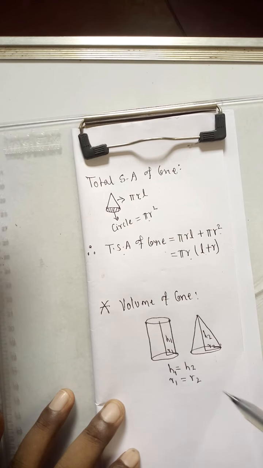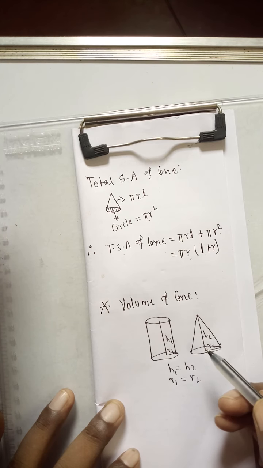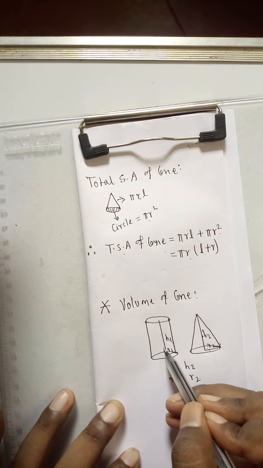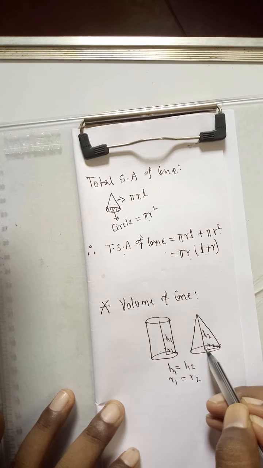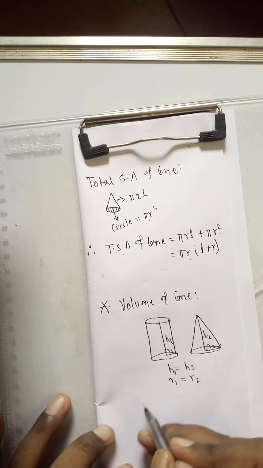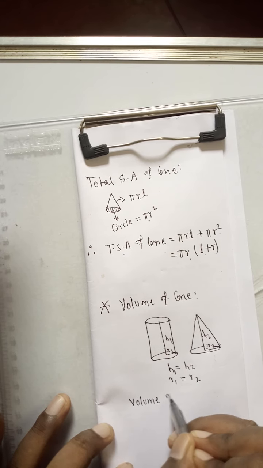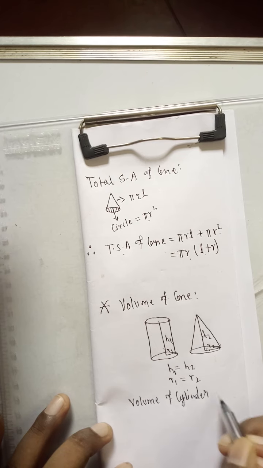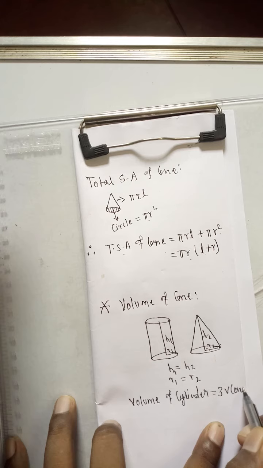So the relation between these two volumes is, suppose you take this cone and try to fill this cylinder, you can fill this cylinder using this cone 3 times. That means volume of cylinder is equal to 3 times volume of cone.